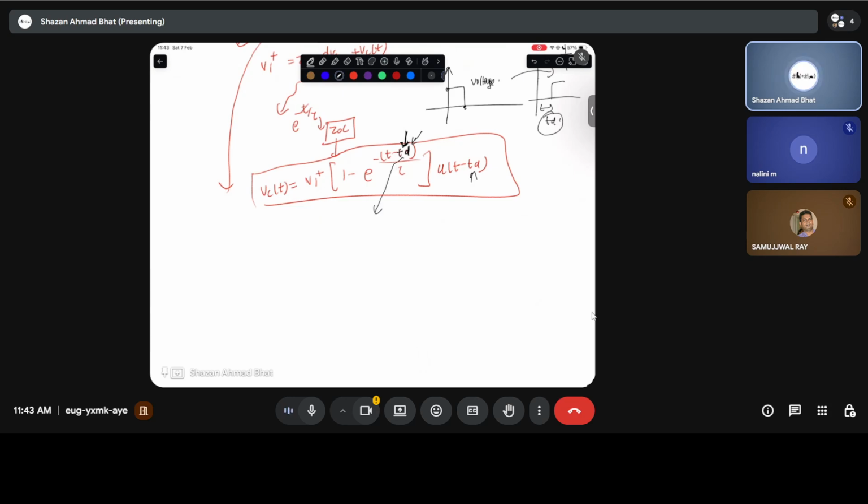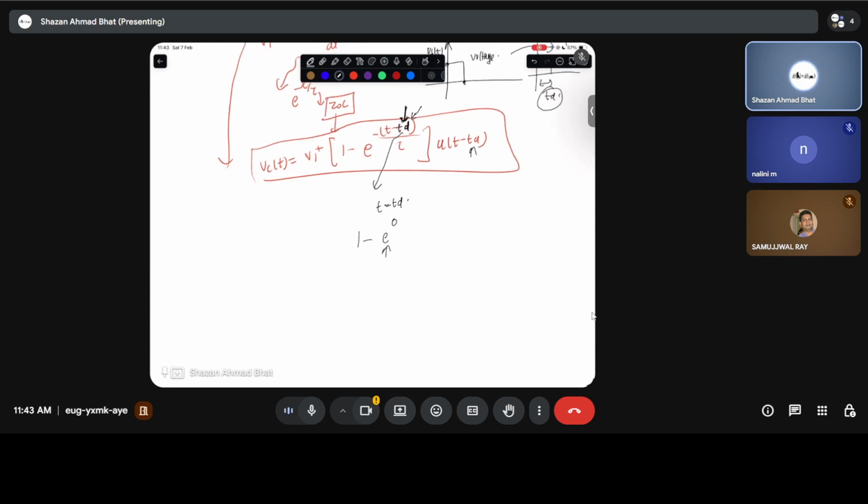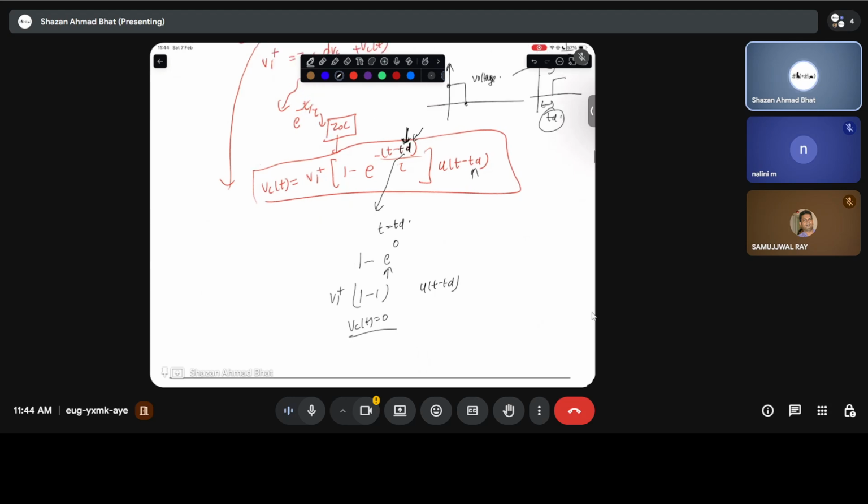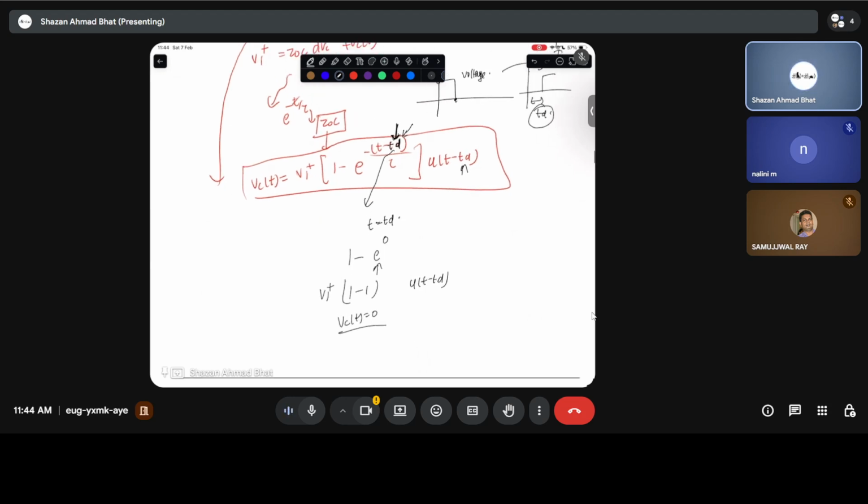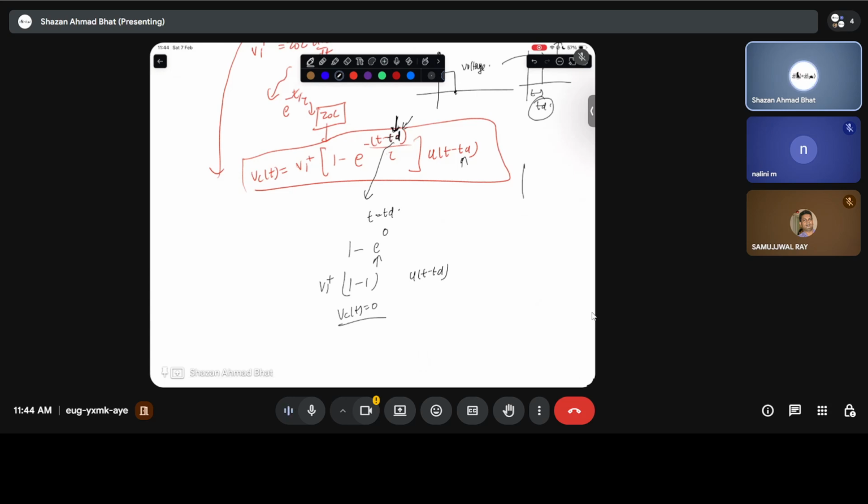So if you see that I'm at time t equals td, this will be 1 minus e to the power 0. It'll be 1 minus 1, so it will be v1 plus u(t minus td). So Vc of t will be equivalent to 0. That means it has started to charge, and after a certain time the voltage will reach its maximum value in the capacitor.